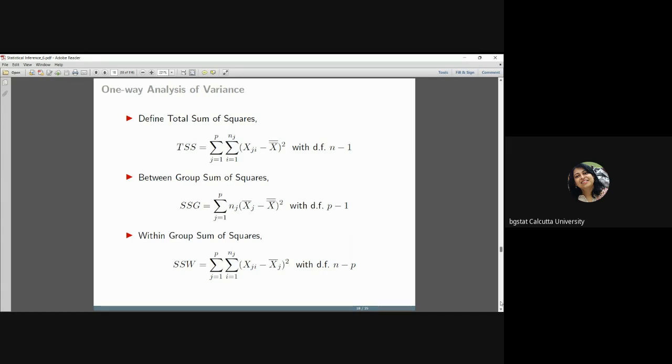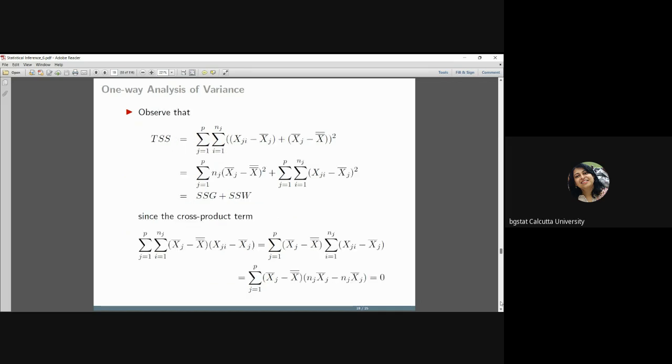So I find the difference of each of the state means from the grand mean, and I square this difference. I multiply it by a weight nj, which is the sample size for the jth state, and then I sum all the quantities. This I call the between group sum of squares.